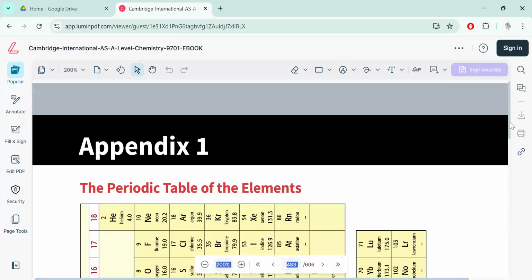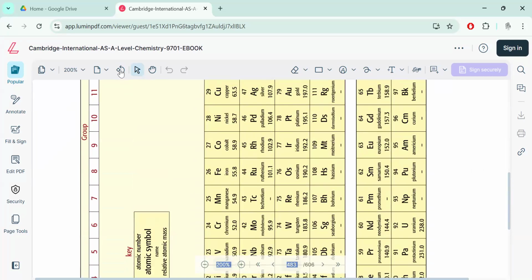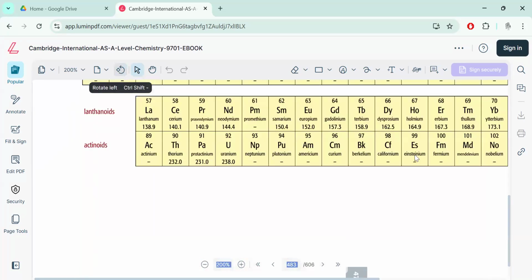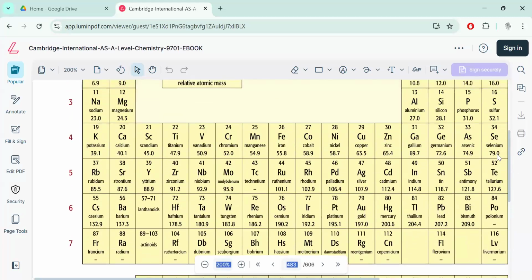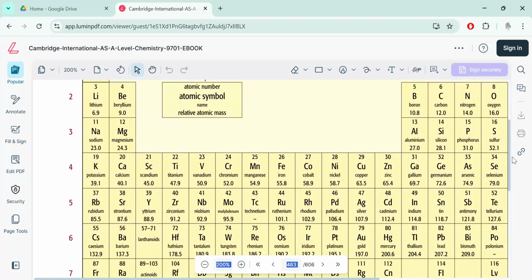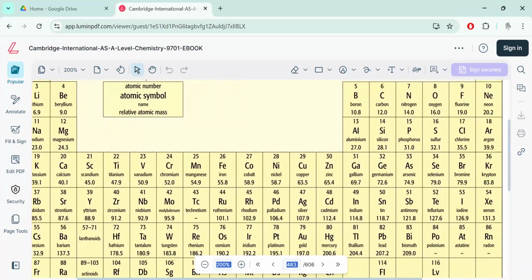Okay, so we have right here the periodic table. There we go. So we're going to see right here. So we have Br, which is bromine. We have 35. So the atomic, no, I mean the proton number would be 35.